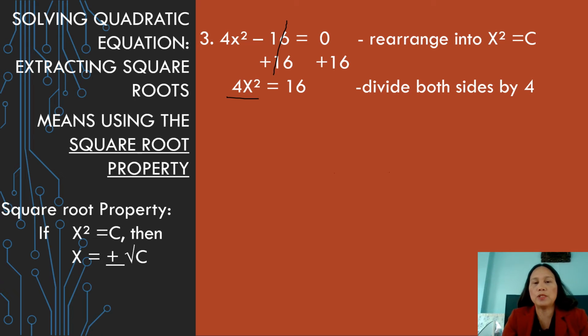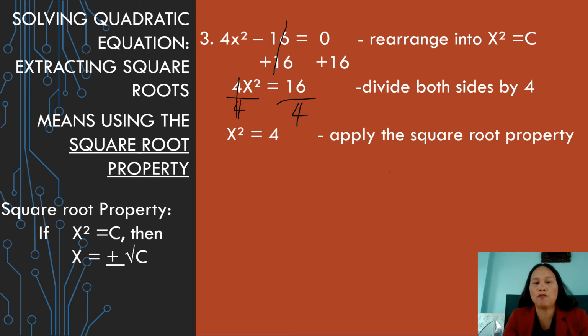And then we need to divide both sides by 4. So this is 1. 16 divided by 4 is equal to 4. So x squared is equal to 4. Now we can apply the square root property. So extract the square root of both sides.